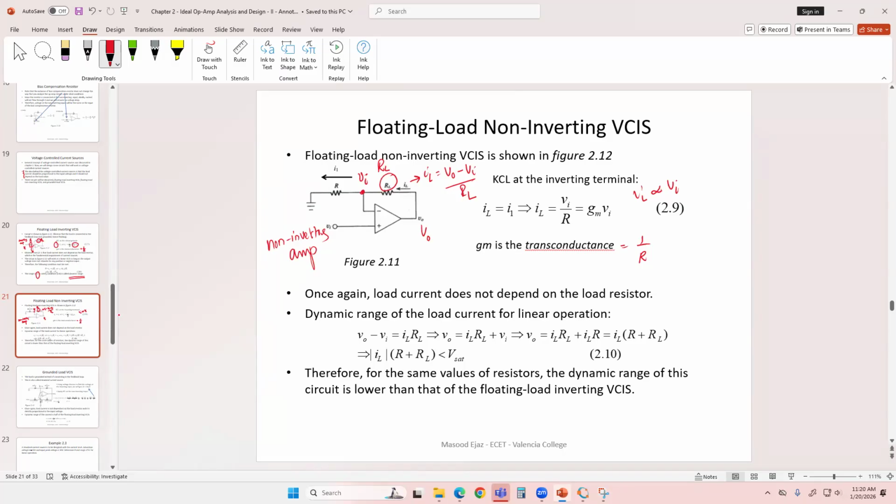And we know that V input is equal to IL times R from relationship 2.9. So IL times RL plus IL times R is equal to V out, which gives us IL times (R plus RL).